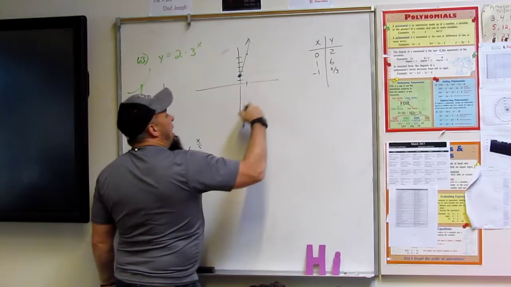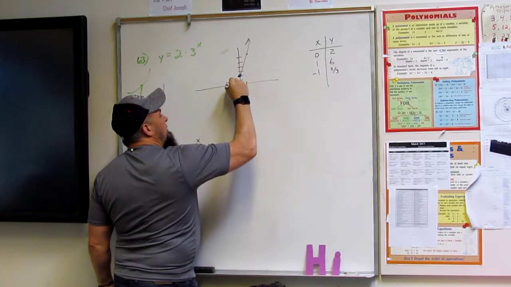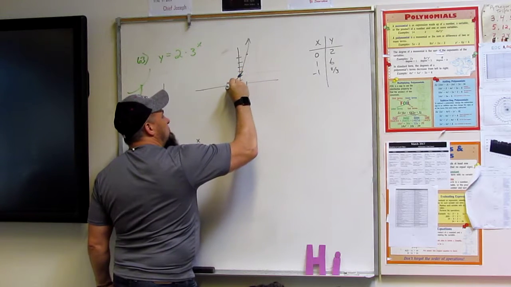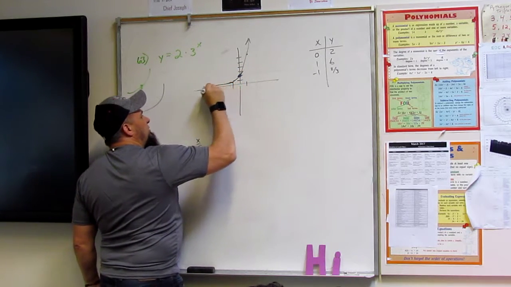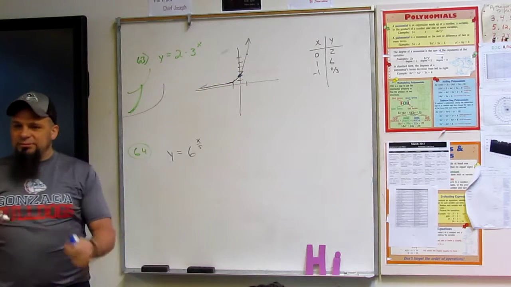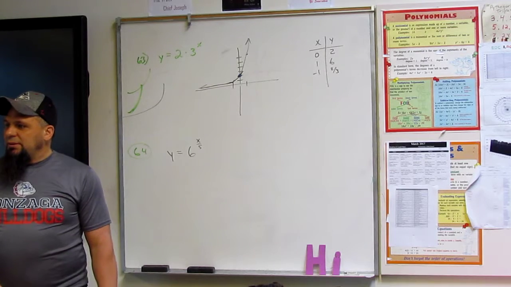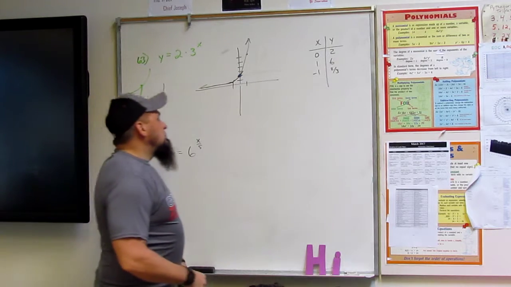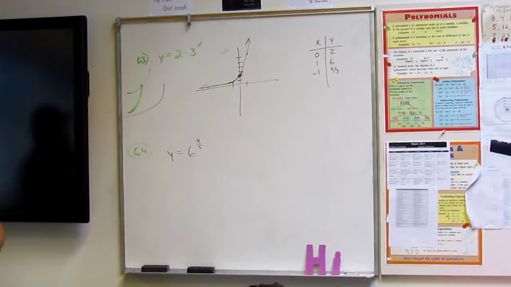And so, at negative 1, we're at 2/3. So that means we're right here. And it looks like we're going to go really close to 0, but never touch it. And that's it. That's graphing. That was pretty easy. Exponential graphs.